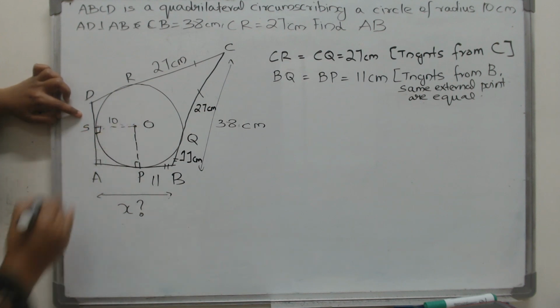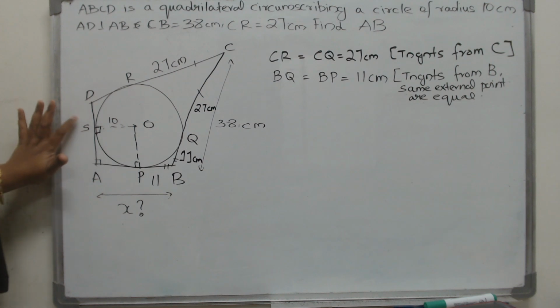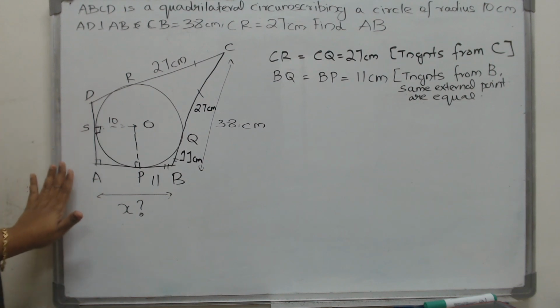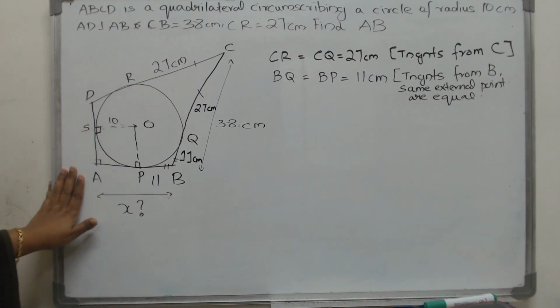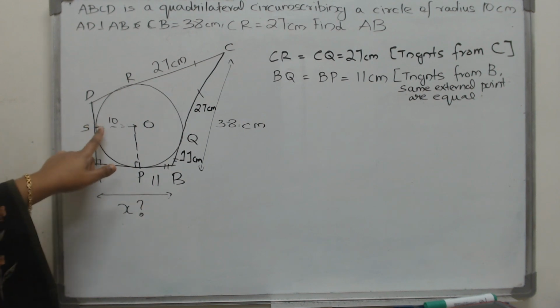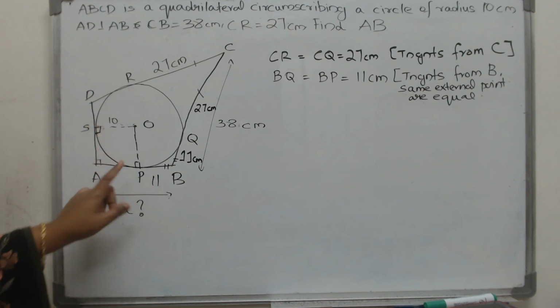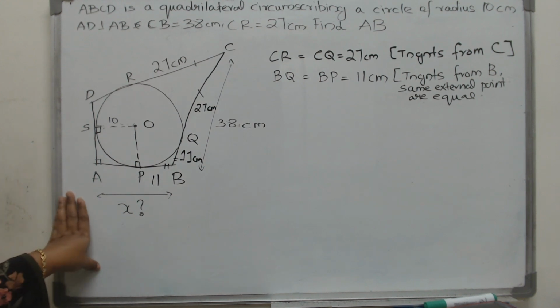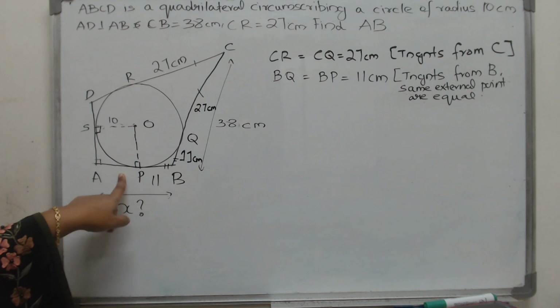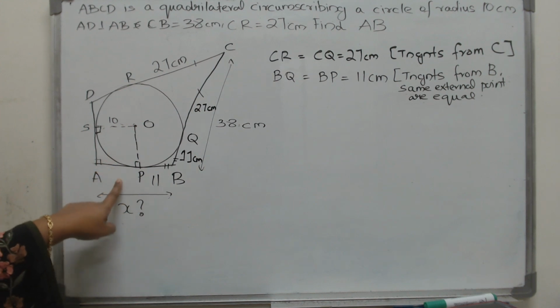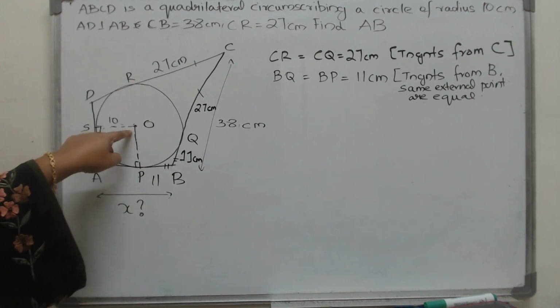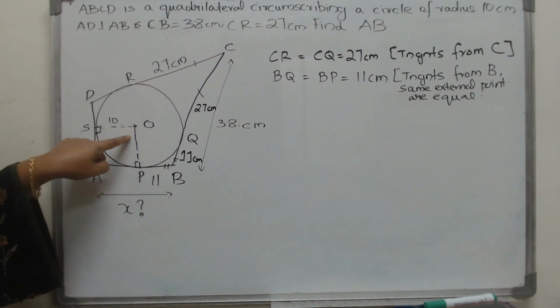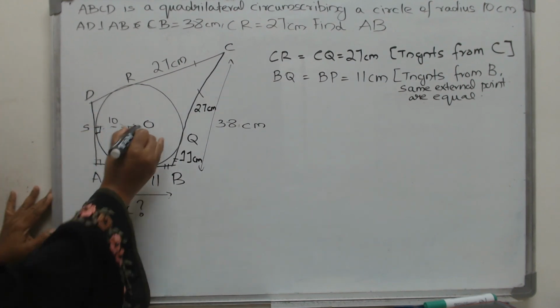So at the point of contact, OS will also be perpendicular to AS, which means in the quadrilateral you have three right angles. The sum of angles of a quadrilateral is what? 360 degrees. So all three of them added will give you 270 degrees, which means the last angle here is also 90 degrees.